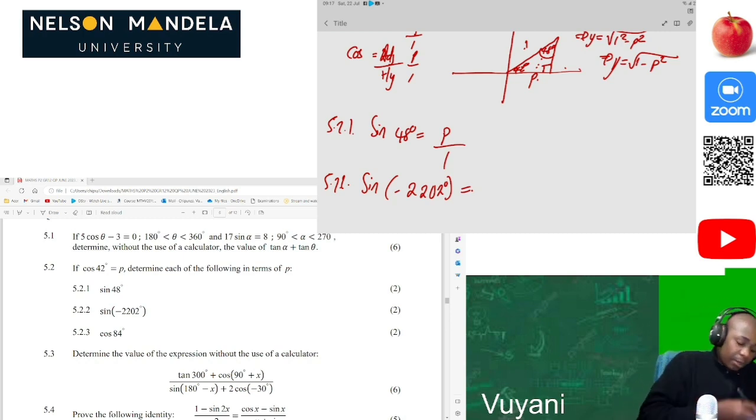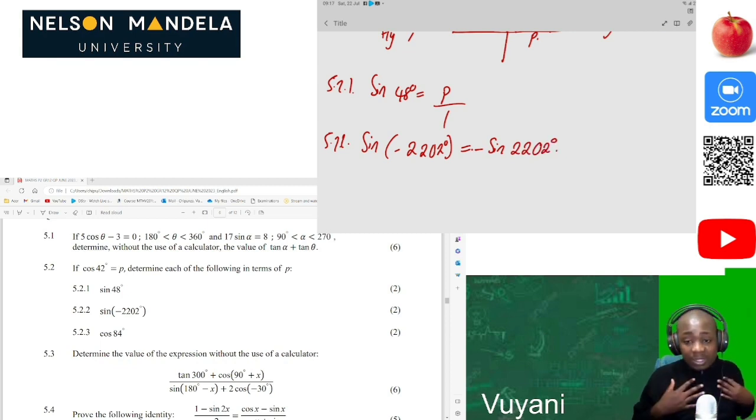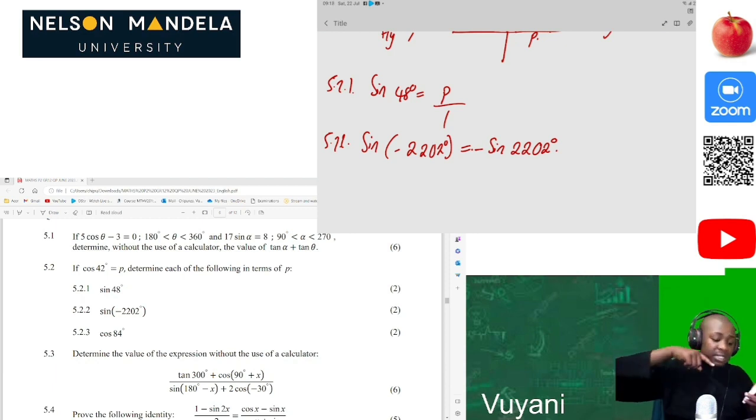You know that sine of a negative angle will always be negative, so this would be negative sine of 2202 degrees. What I always advise is to choose your calculator, but let's reduce it until we get to an acute angle. A complete revolution is 360, 720 is two complete revolutions, then plus 360 until we reach here.